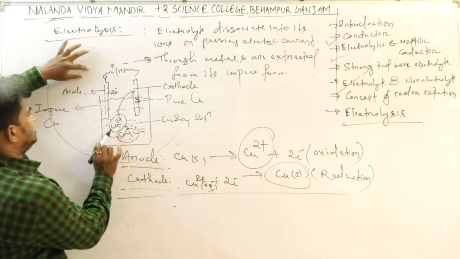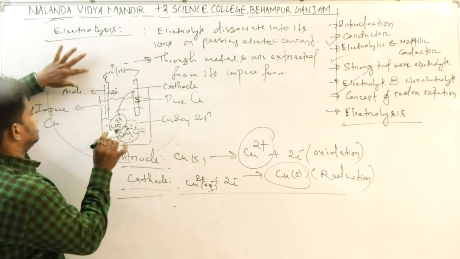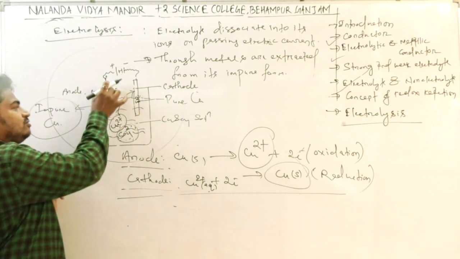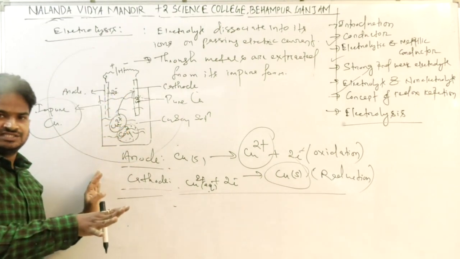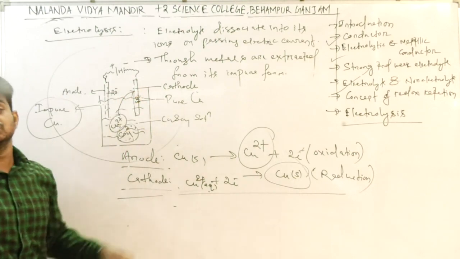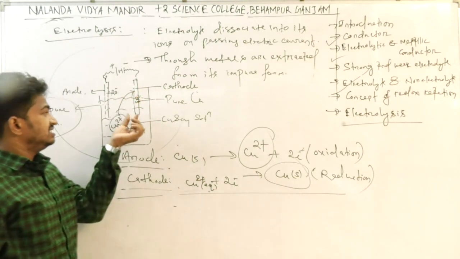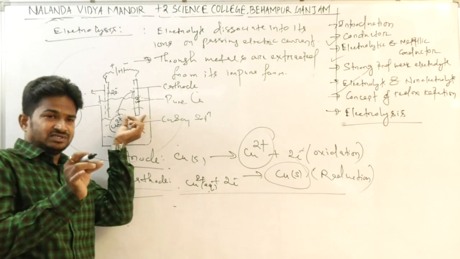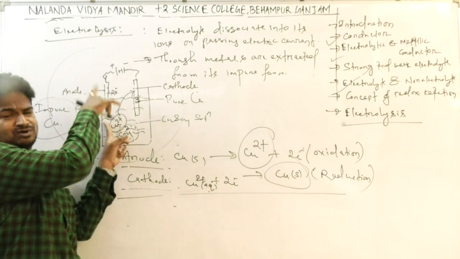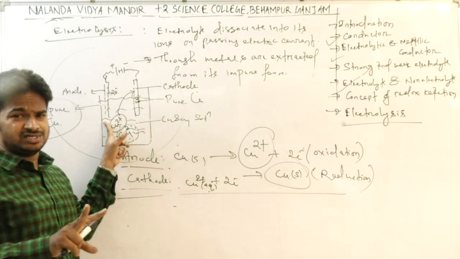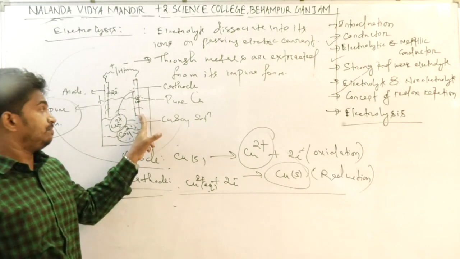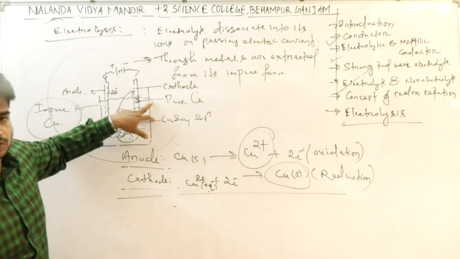Here try to know this: the size of the impure copper will decrease, and the size of the pure copper will increase. It means pure metallic copper will be extracted from the impure copper at the anode, and the pure form of copper will be deposited over the cathode.